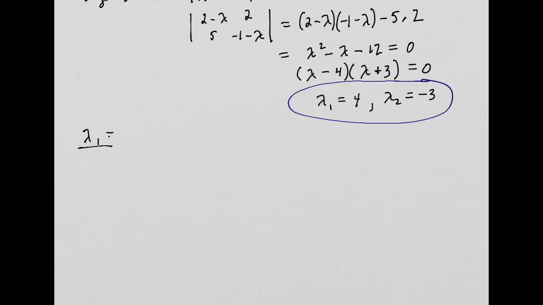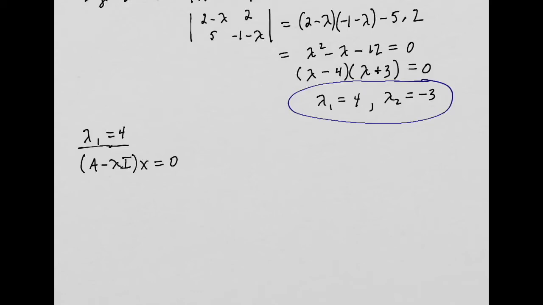So let's start with lambda 1, which is 4. And to find the eigenspace, we solve the equation A minus lambda I quantity times x equals 0.